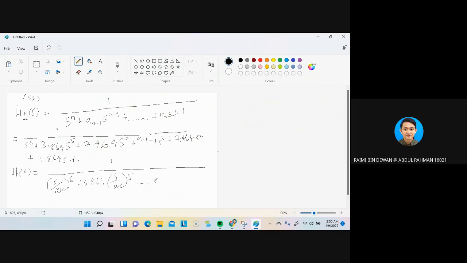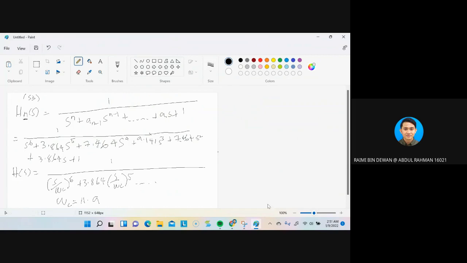And what is omega c? The one that we have chosen just now, which is 11.19. So with that you obtain the actual transfer function because you already denormalized them.